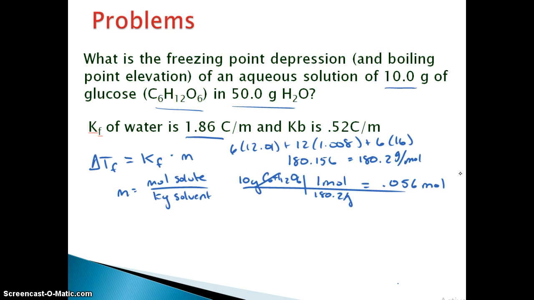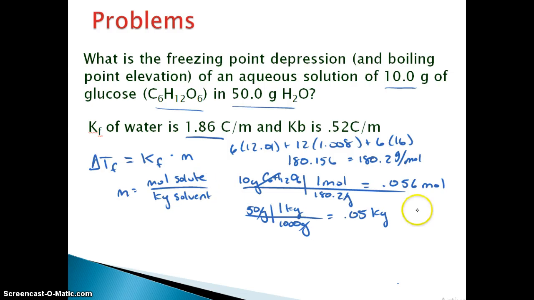And then we need to convert our grams of H2O into kilograms. So we have 50 grams, and we need to convert that into kilograms. Well, 1 kilogram is 1,000 grams, so our grams cancel, and we come out with 0.05 kilograms. So when we put that together, our molality is moles of solute over kilograms of solvent.